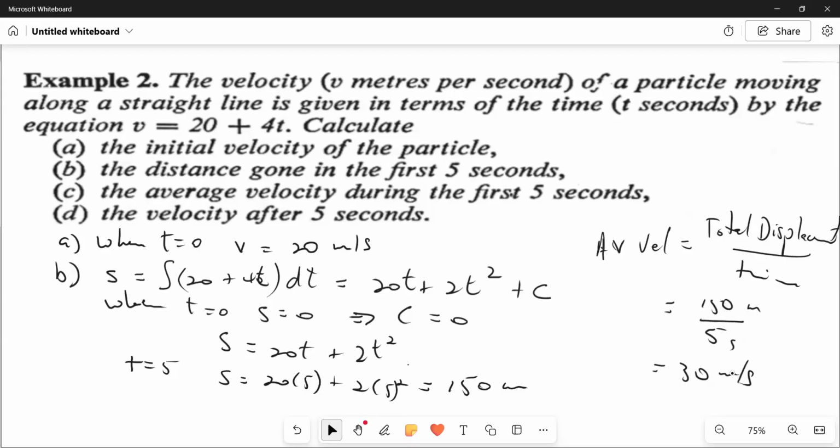And then the last part says the velocity after 5 seconds. All right, so here we got an expression for the velocity. So you just have to substitute, right? So v when t equals 5 is equal to 20 plus 4 times 5.